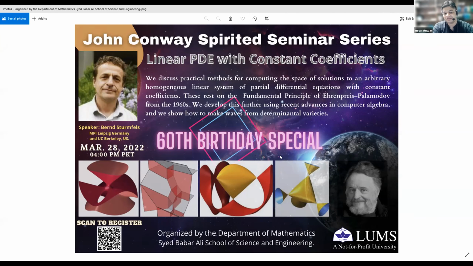This is his recent work on how algebraic geometry connects with linear PDEs. He is going to explain all these things next week. So that's just the advertisement of the next seminar.